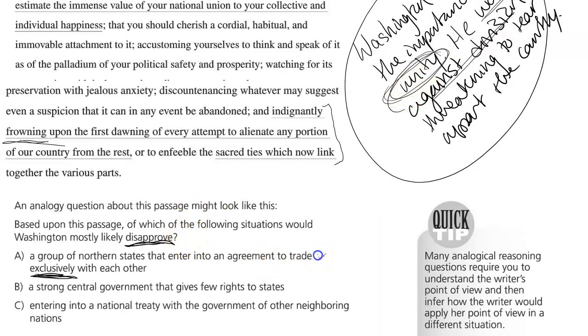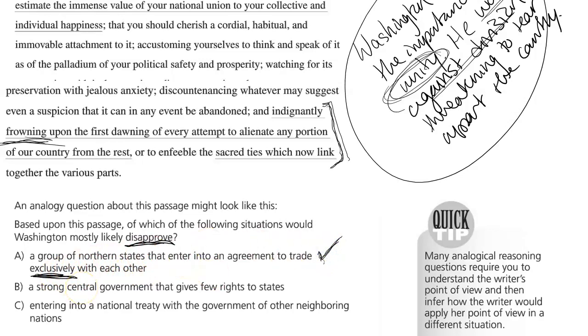He would disapprove of it. So this could be the answer, but we want to look at our other options. Also, just notice the last line that we have underlined: indignantly frowning upon the first dawning of every attempt to alienate any portion of our country from the rest. Washington frowns upon this idea that we would exclude a portion of our country from the rest, and definitely A gets at that exclusion. So again, this is something he would disapprove of.